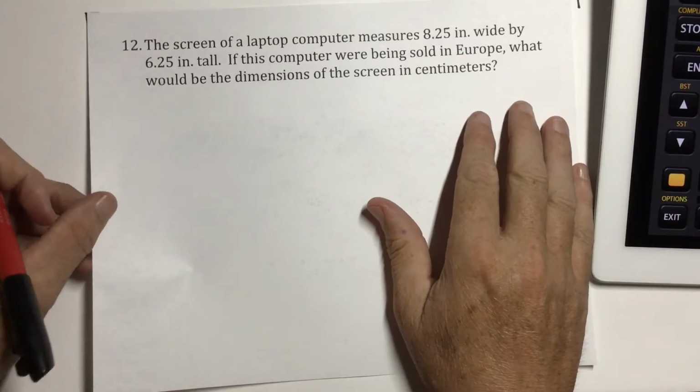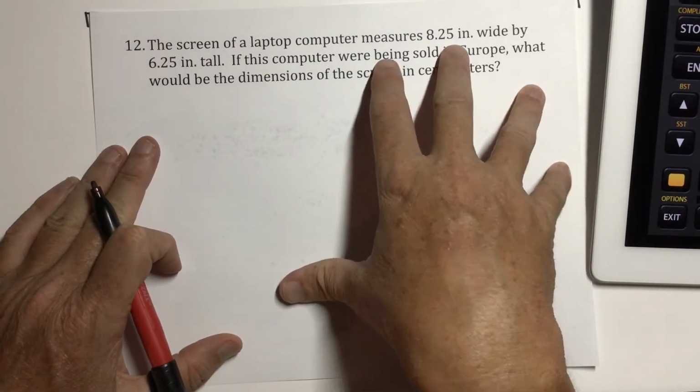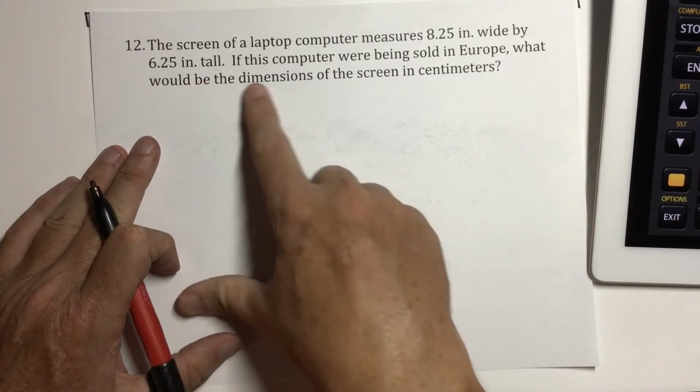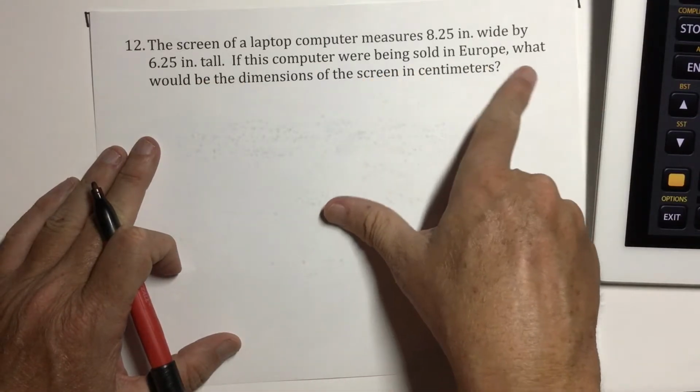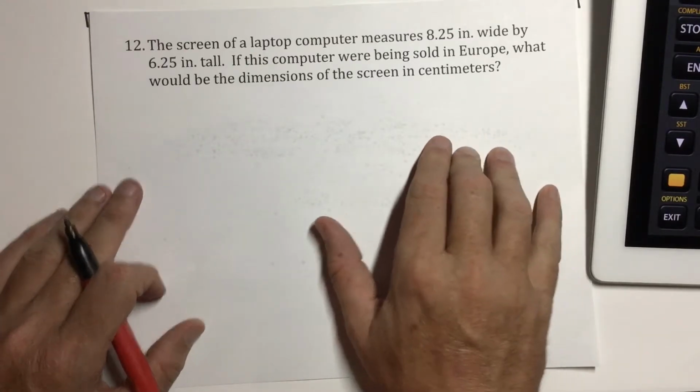All right. The screen of a laptop computer measures 8.25 inches wide by 6.25 inches tall. If this computer were being sold in Europe, what would be the dimensions of the screen in centimeters?